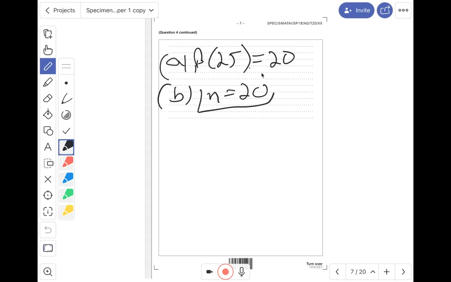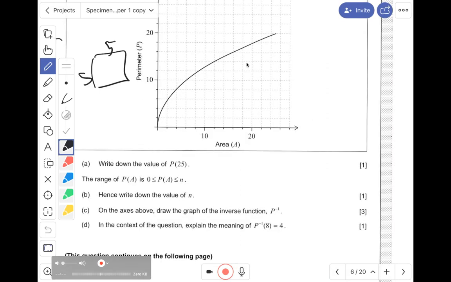Okay. And then C is going to be graphing. On the axes above, draw the graph of the inverse function p minus 1. So we're going to be going backwards, inputting from the y value and getting out an x value. That's what the inverse function is doing. We're going to flip x and y.